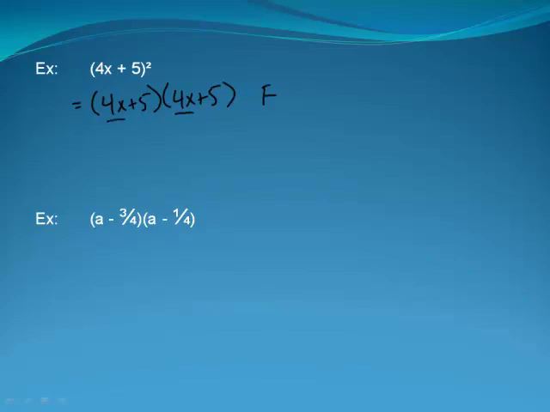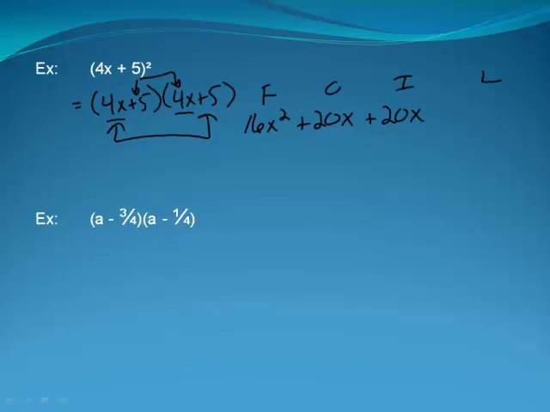So to FOIL that out, we'd want to multiply the first two terms together. 4x times 4x is 16x squared. Our outer product would be the outer two terms, so positive 4x times positive 5 is a plus 20x. Our inner product will be a positive 5 and a positive 4x, so again, that's plus 20x.